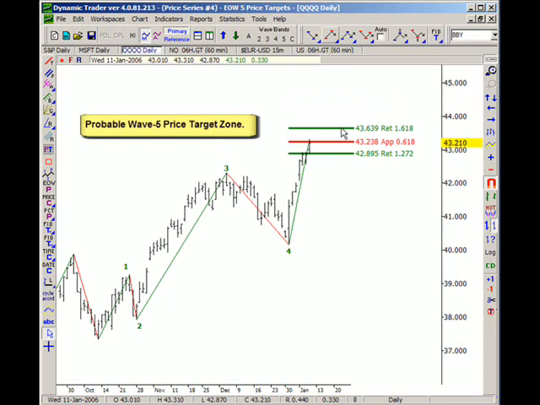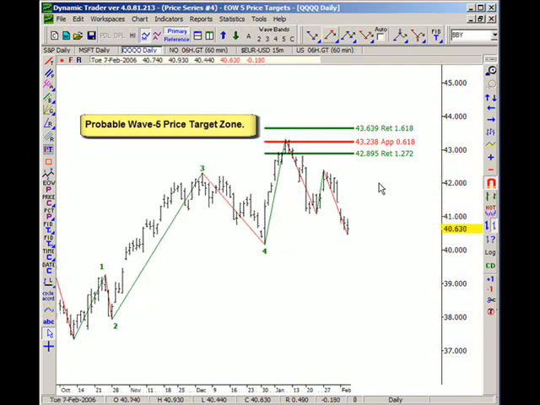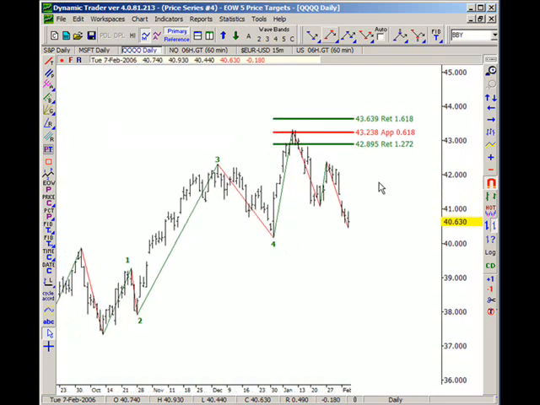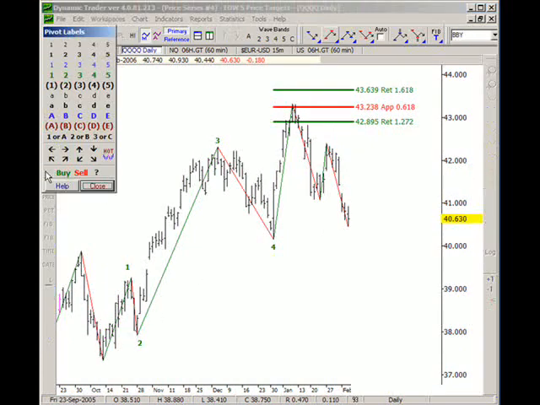As of the last bar on the chart, we're right in the middle of that zone, which includes the 62% alternate price projection of 1 through 3. Got a little reversal day there. Market coming down hard. It looks like that's about the last bar right up through today. So this market made a reversal and a decline so far for several weeks off the probable target zone that we projected in advance.